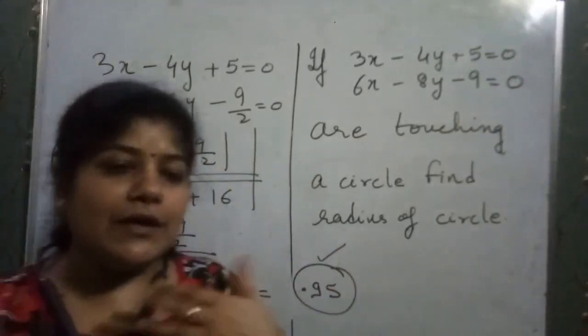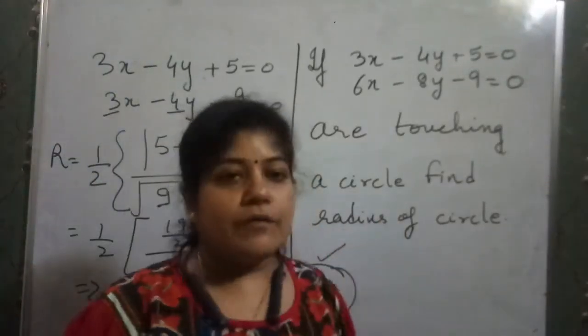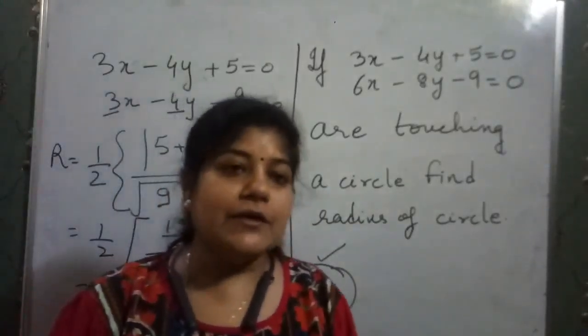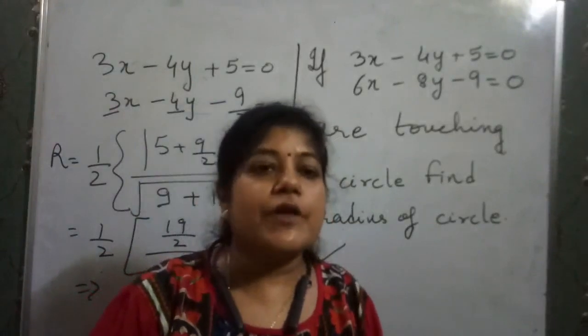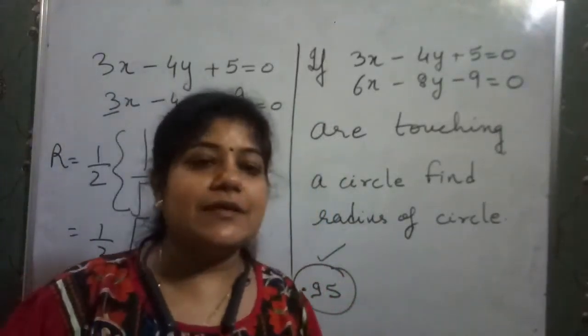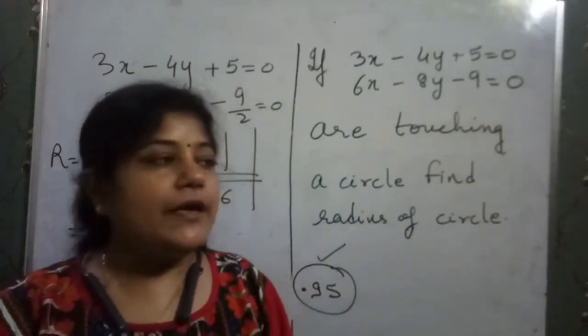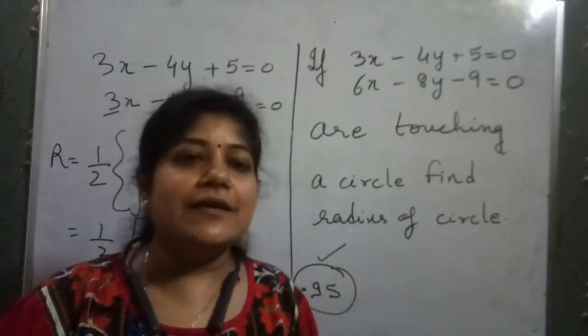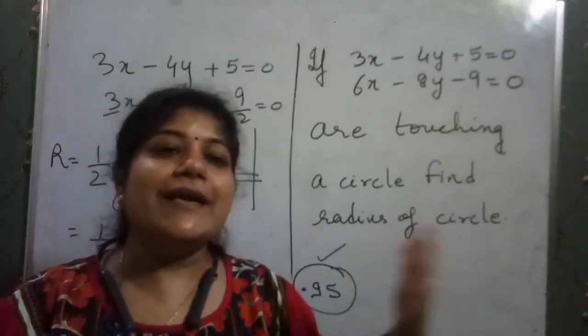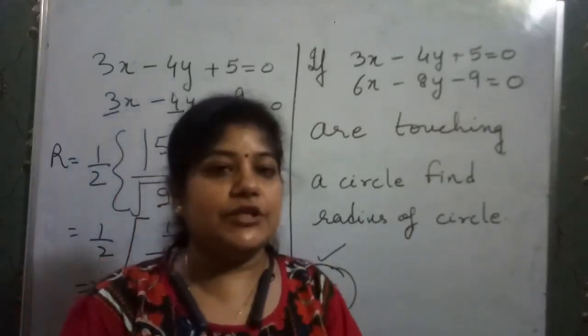Now I am going to take the last question of the topic tangent, and in the next video I will cover the equation of the chord, whether points are inside the circle or outside the circle, and how many common tangents there are when two circles touch each other.